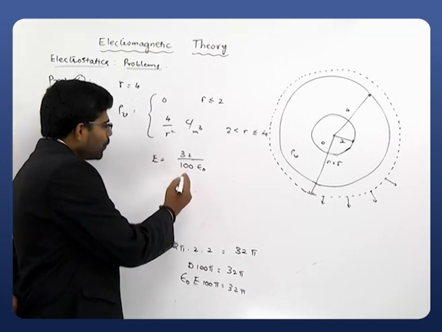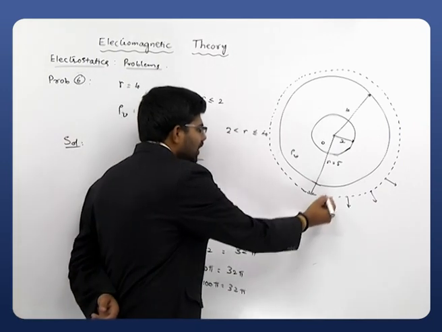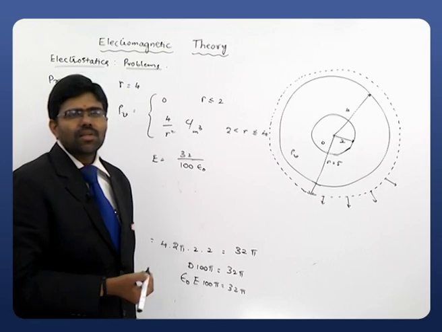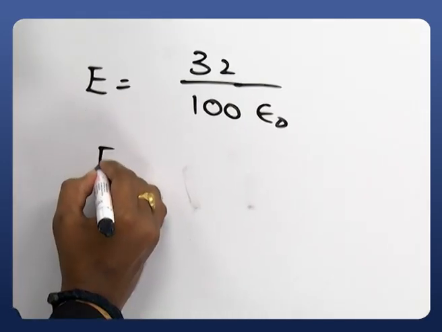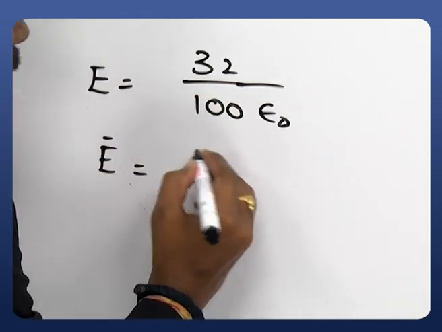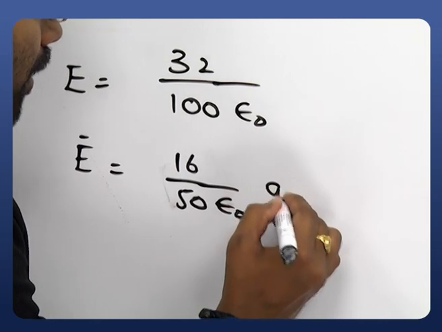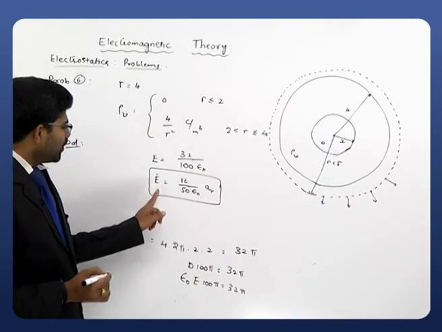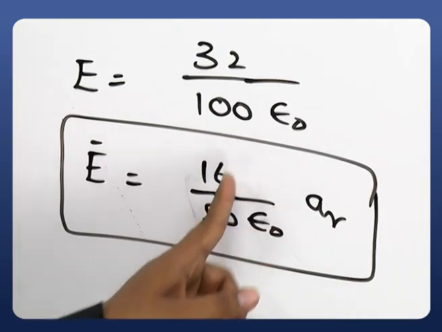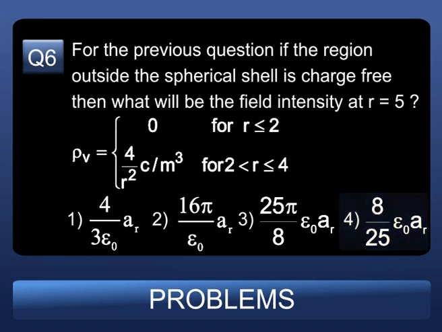Since it is a vector, we are supposed to add the unit vector in that particular direction. Already we observed that D is radially outwards, and since D is radially outwards, E is also radially outwards. So clearly write down E as a vector: E bar is equal to 16 by 50 epsilon naught in the direction of the radius of the sphere, that is E bar equals 8 by 25 epsilon naught a_r. This is our answer.